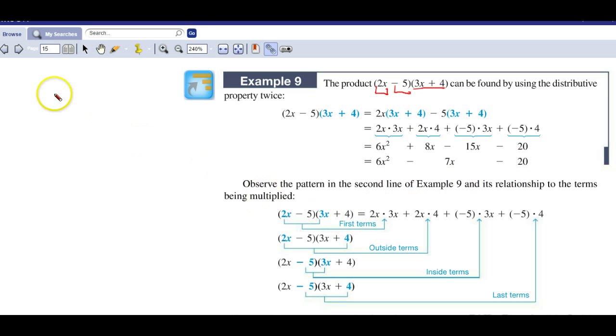Now, this gives rise to what they'll be introducing here very shortly, what we call the FOIL, which is a method of multiplying binomials. The F stands for these first. The O stands for the outers. The I stands for the inners.